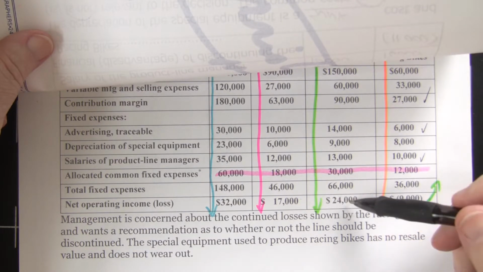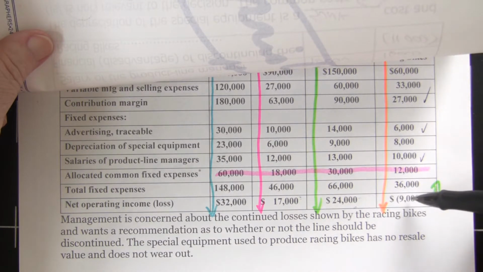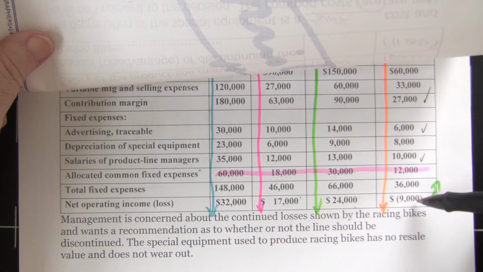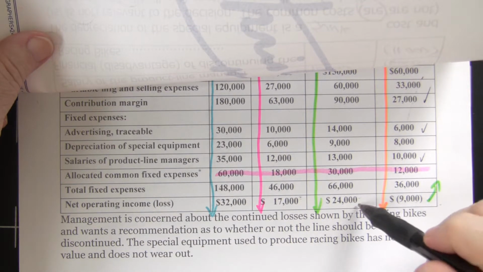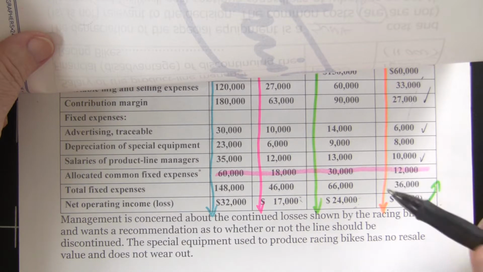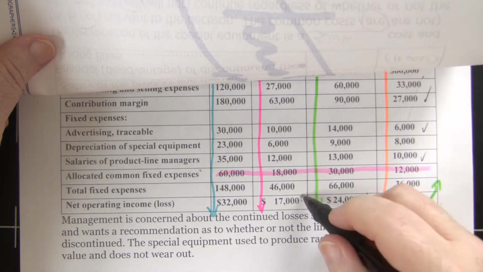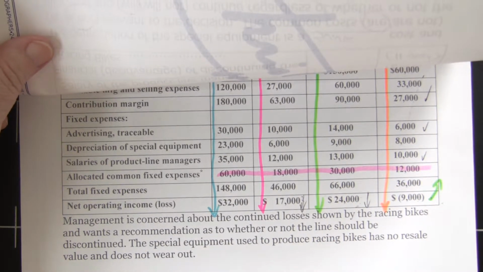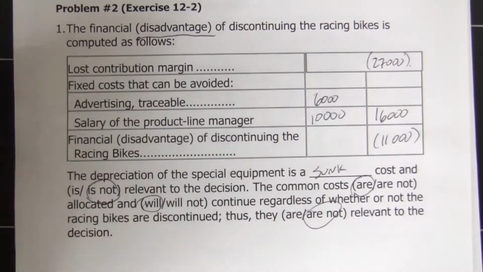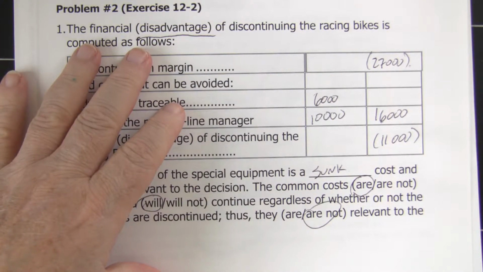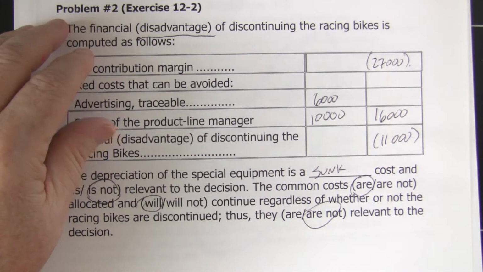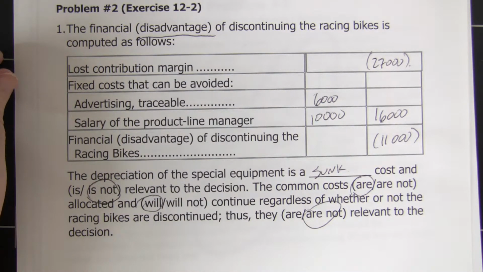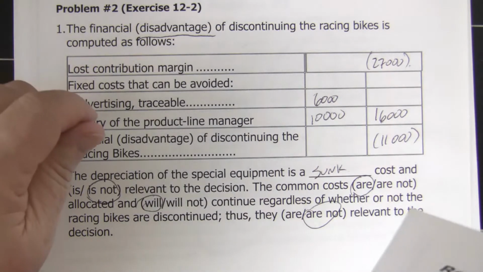You're offsetting it against these two. If you have to do away with this division, this $9,000 gets transferred to these two divisions and their margins go down. So, not a good idea. So it says, should the bikes be discontinued? The answer to 2 is no.